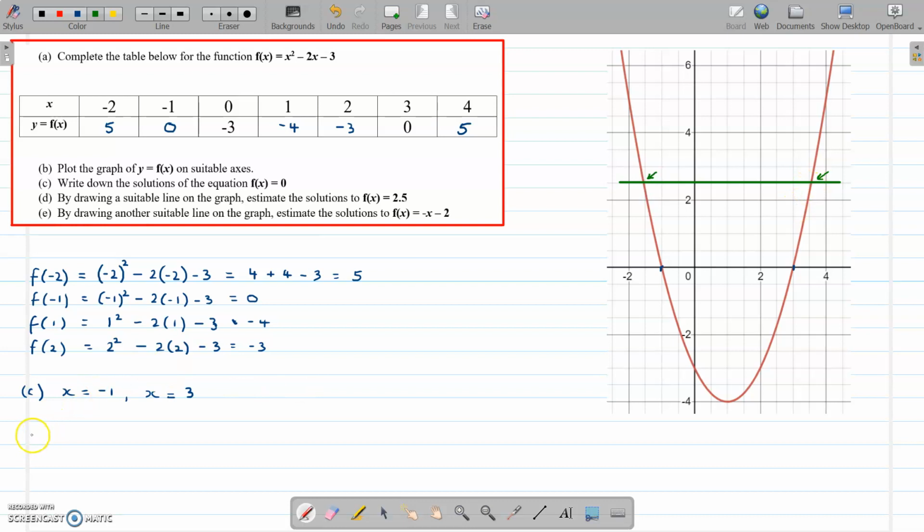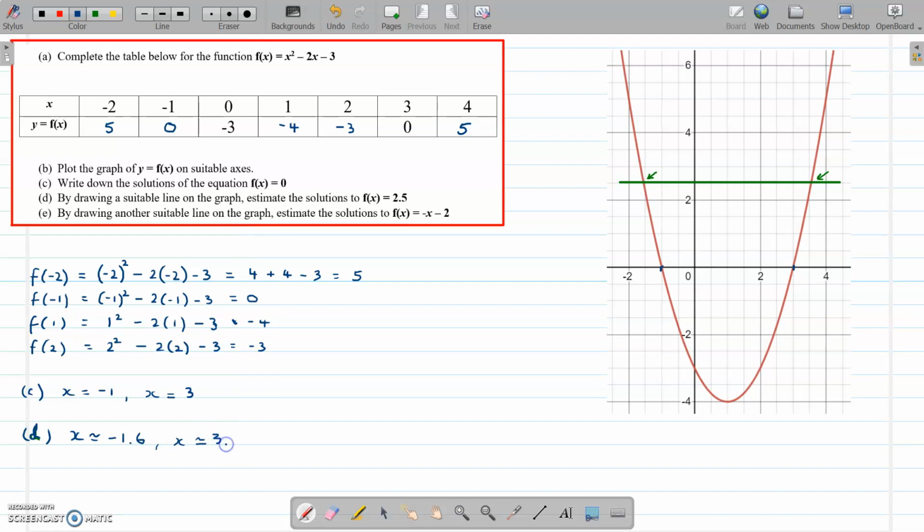So for part D, using my graph over there, I'm going to say that x is, now I'll show you how we write this, x is approximately equal to negative, I'm going to say negative 1.6 because it's slightly below 1.5, or x is approximately equal to 3.6.